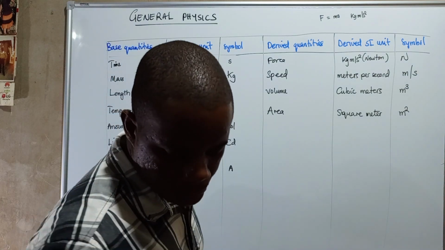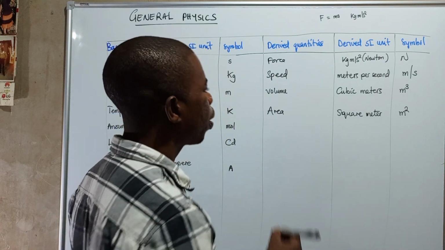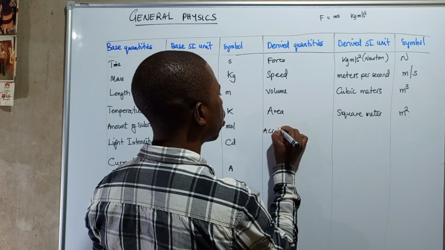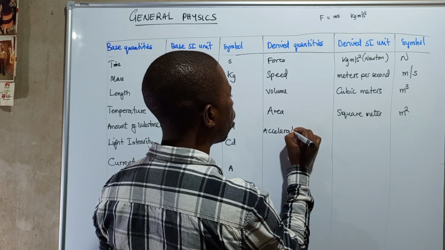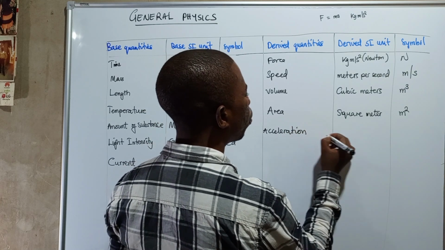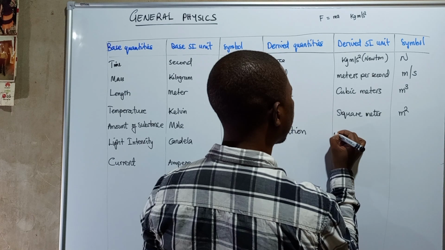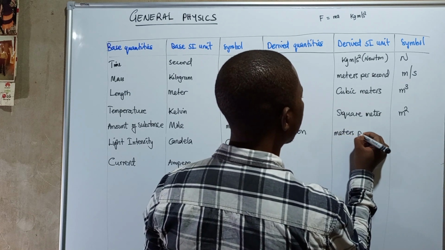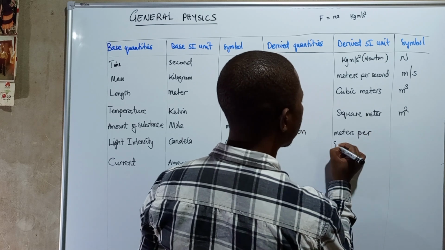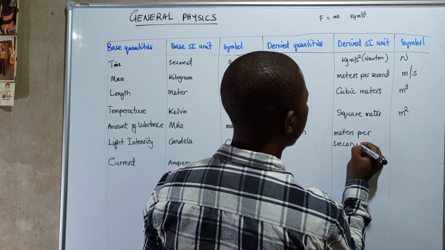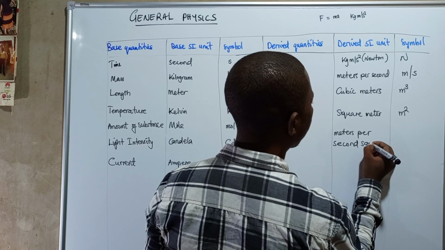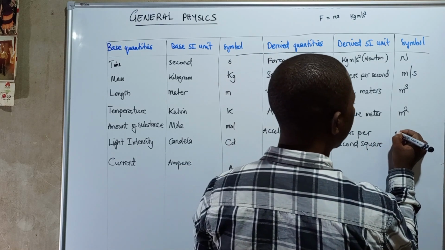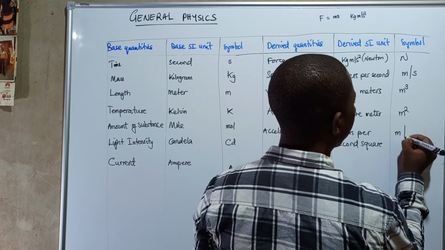Then another one is acceleration, which is measured in meters per second square, written like this.